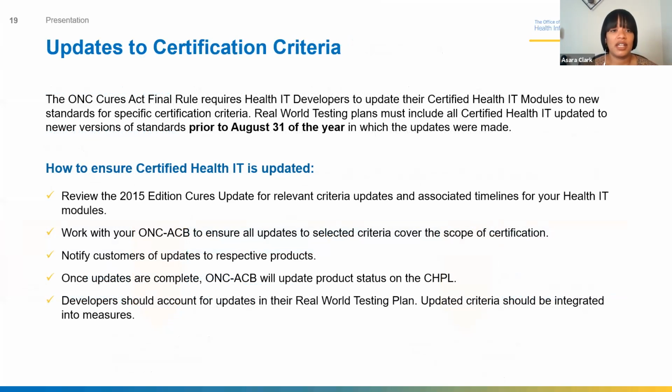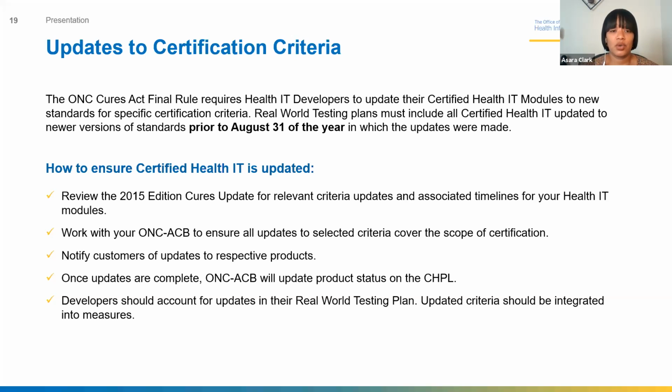Now we're going to get into some of the required updates to certification criteria. These are incorporated into the real world testing section of the reg. All right, they're required updates to newer standards for specific criteria, but these updates are going to be accounted for in your real world testing.